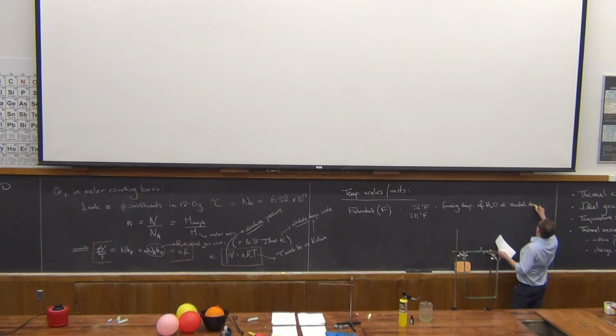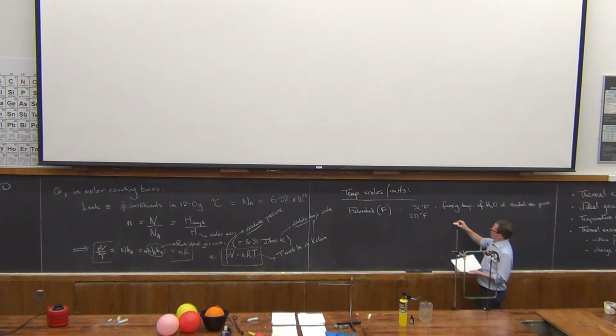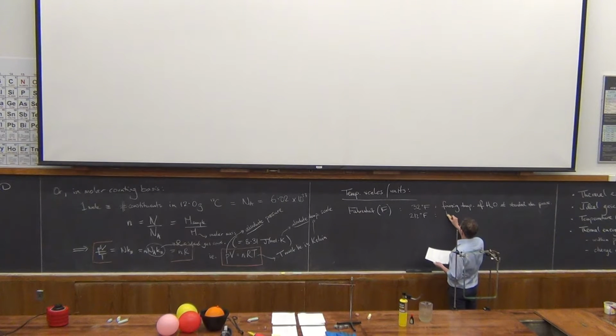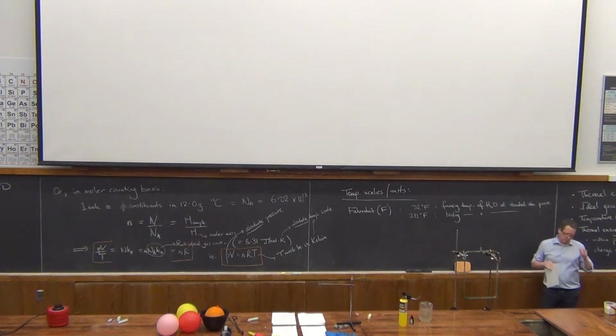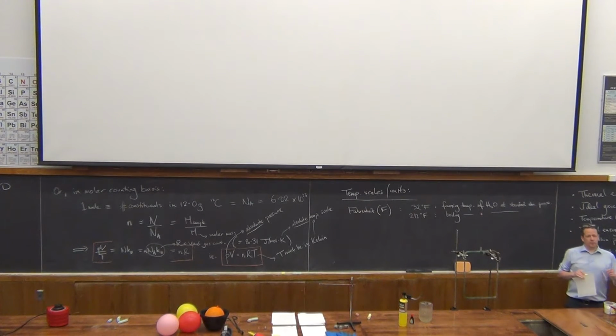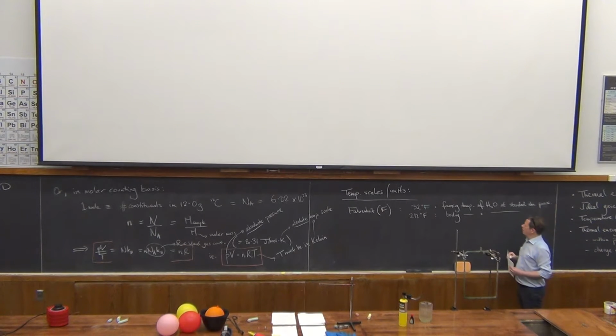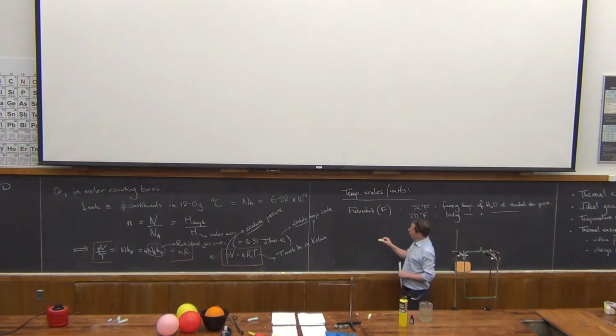You don't have to worry about any of this stuff, but I'm just throwing it in for completeness. And as you hopefully know, the 212 is defined as the boiling point of pure water at standard atmospheric pressure. Okay? This has some very interesting history that doesn't have exactly this origin, but I'm not going to talk about it. So this is roughly the Fahrenheit scale.